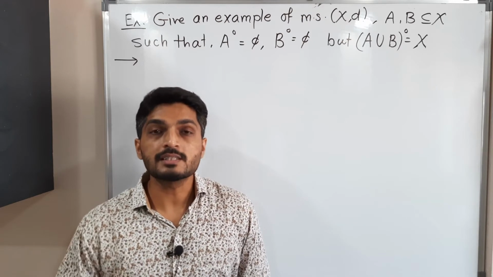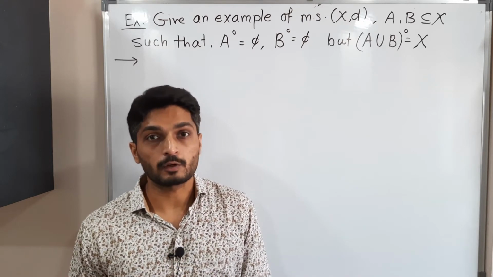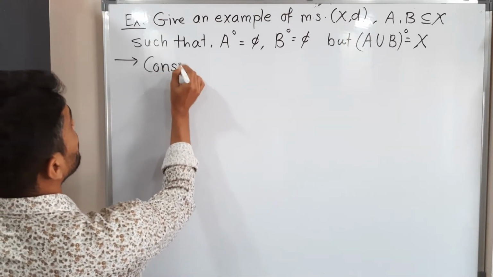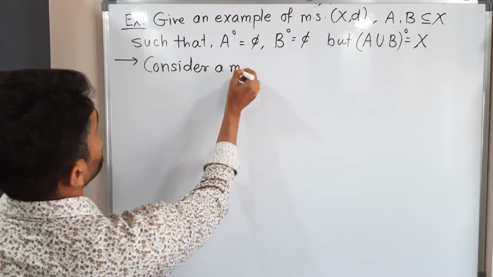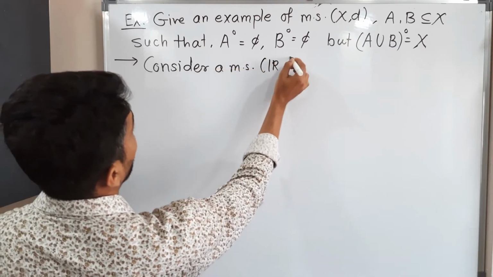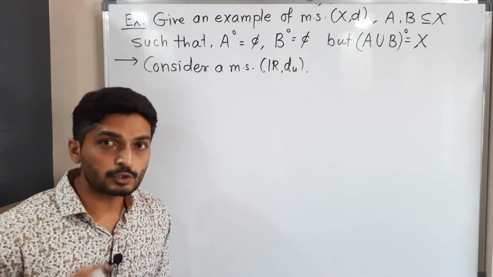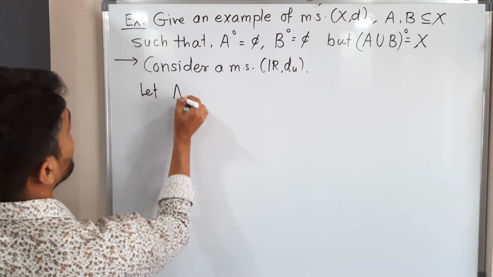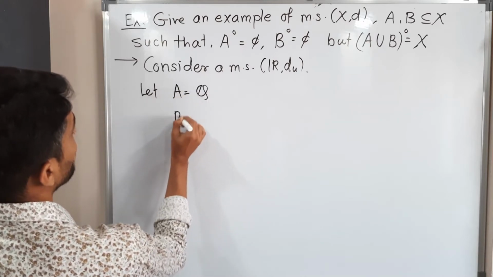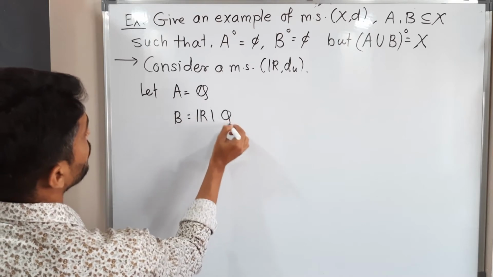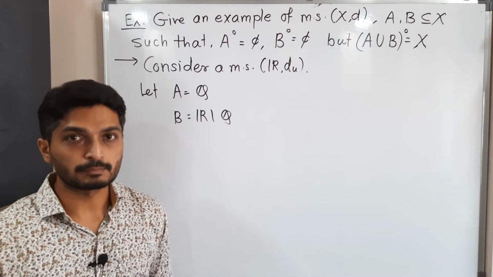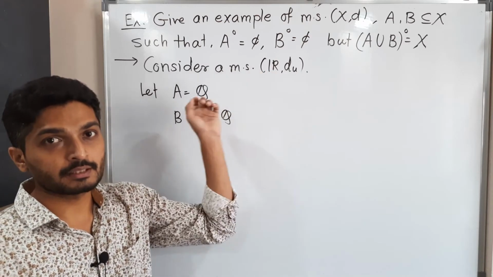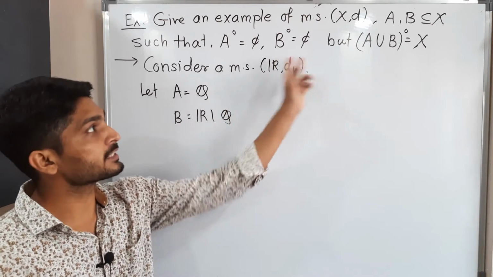So I am going to consider the metric space R with the usual metric d, and I am selecting A equal to Q, the set of rational numbers, and B equal to R minus Q, that means the set of irrational numbers. So I am going to prove that in the metric space R with usual metric, this choice of A and B will satisfy this condition.